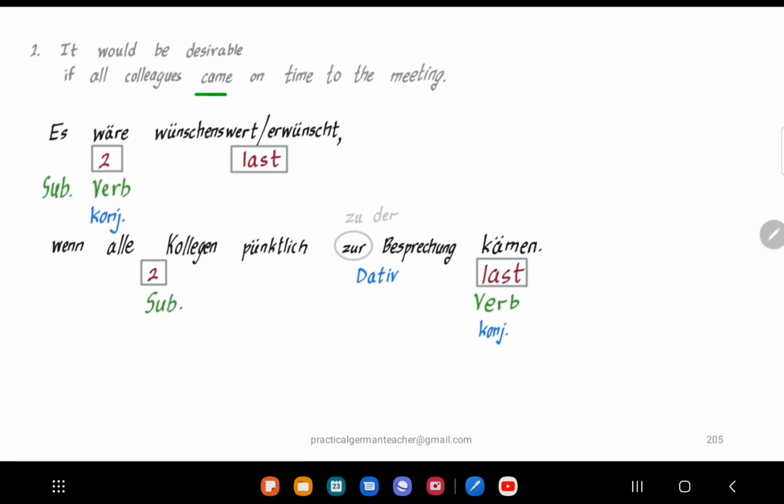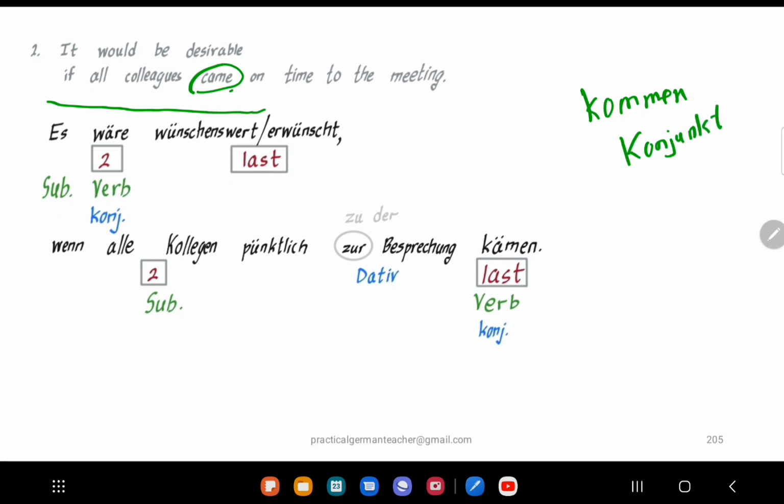Now, here you can use kommen and you can conjugate it, but again, this is a hypothetical situation, right? So kommen is the verb, and it also has a Konjunktiv II, that is kämen. Again, it's fine even if you use kommen over here.